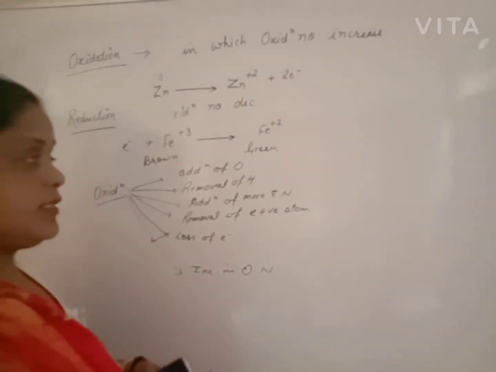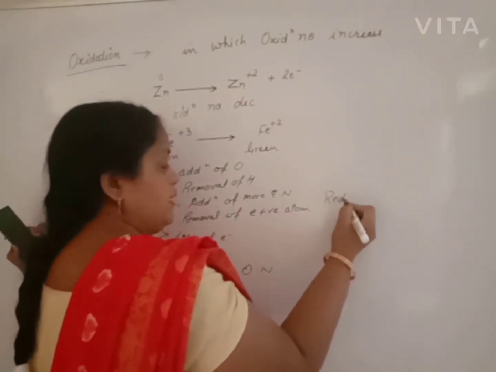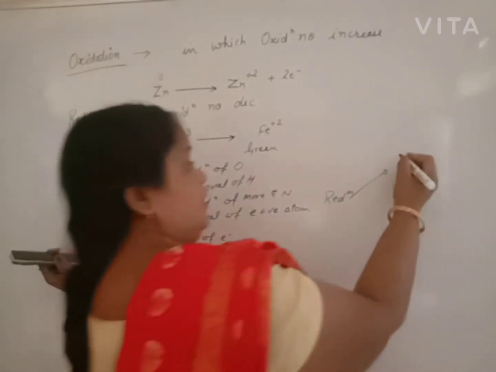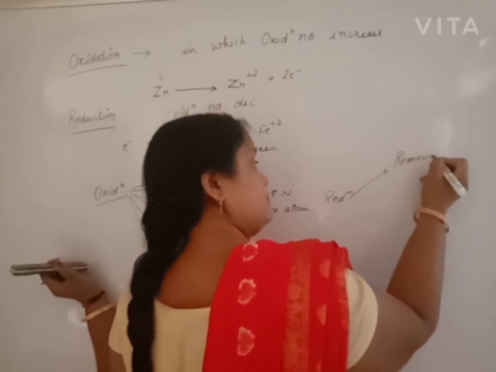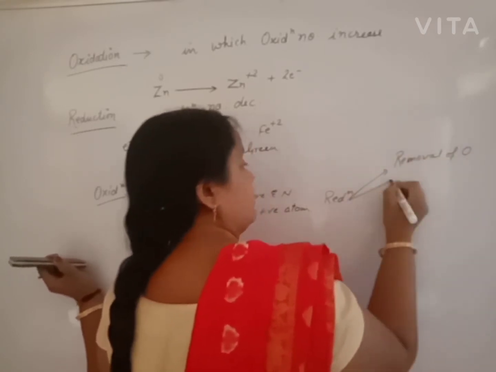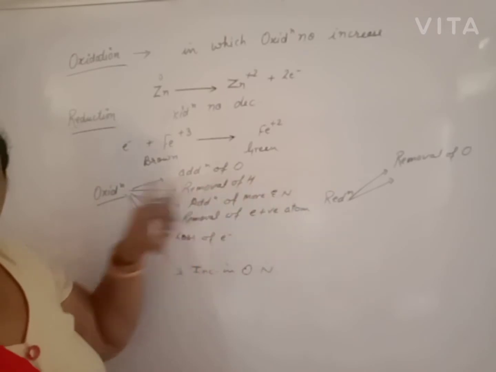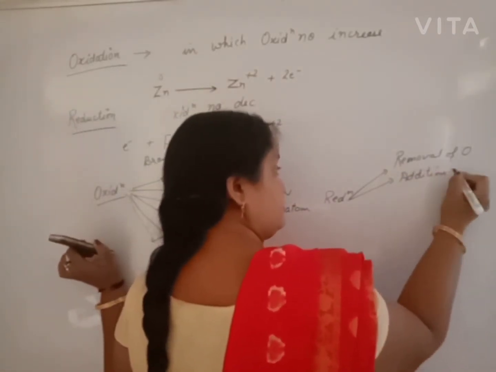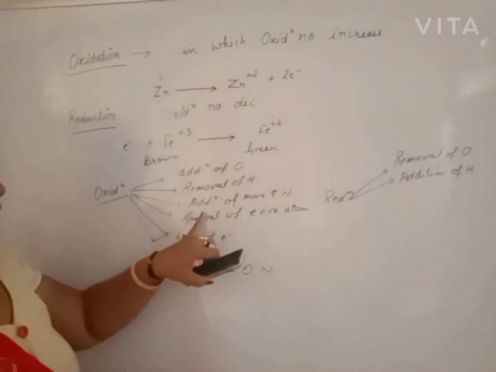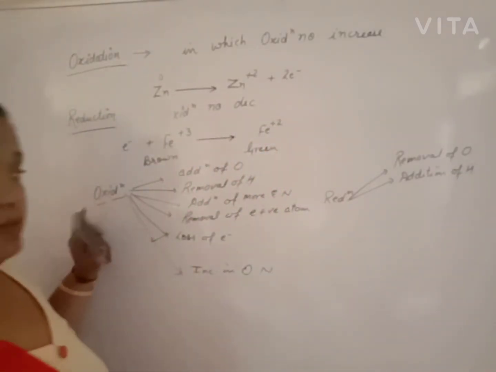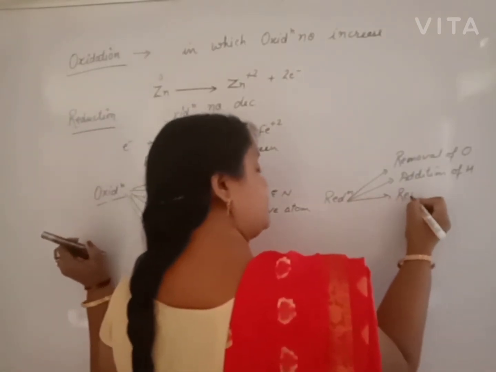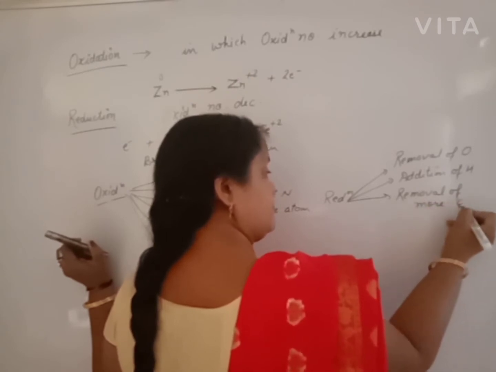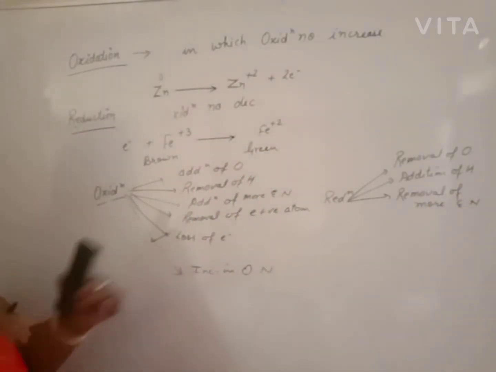For reduction, the same reactions have the reverse definitions. Beta, addition of oxygen is oxidation, and removal of oxygen is reduction. Removal of hydrogen, oxidation. Addition of hydrogen, reduction. Addition of a more electronegative atom, oxidation. Removal of a more electronegative atom, reduction.